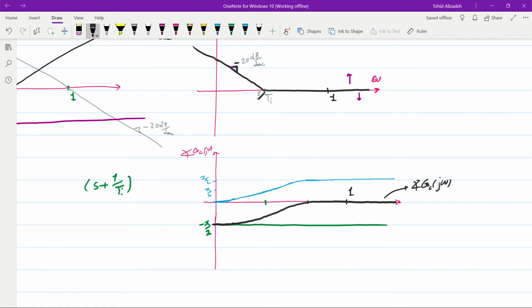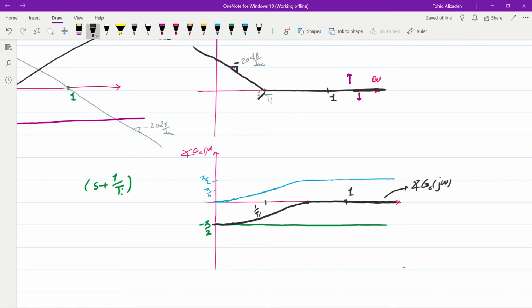Now, especially if the crossover frequency for the gain is much bigger than 1 over Ti, then we see that the phase contribution of the controller will be 0. The gain contribution will be 0 dB as well. Therefore, that part of the Bode plot for the whole system will remain the same, while at the very low frequency we will increase the amplitude quite a lot.